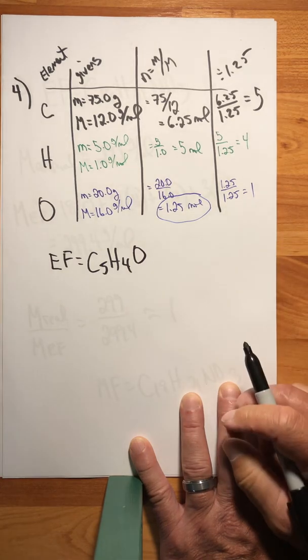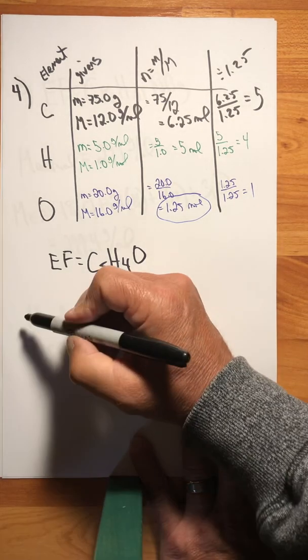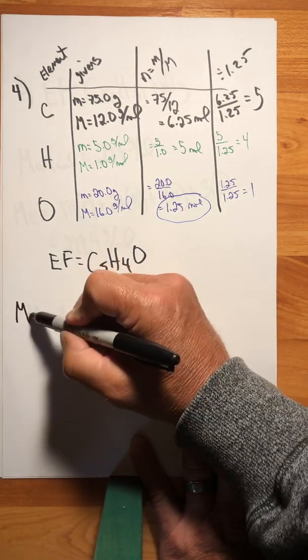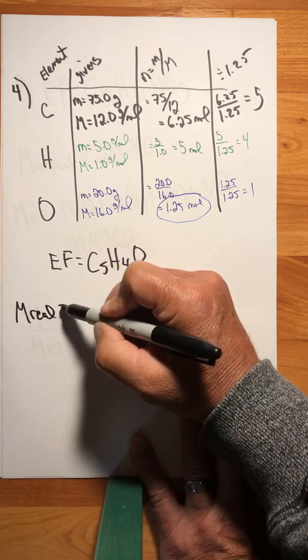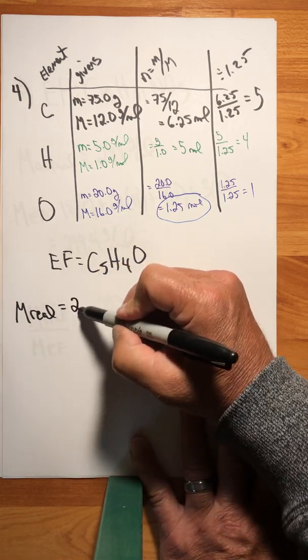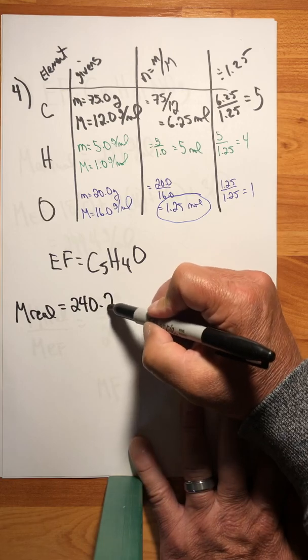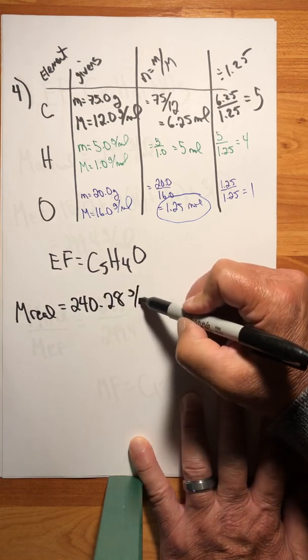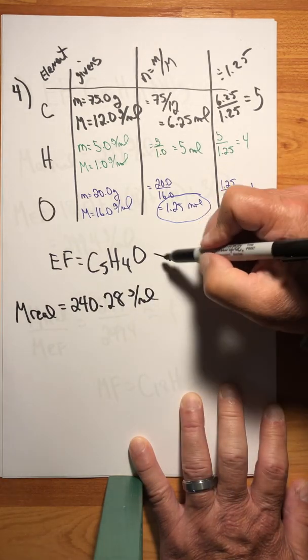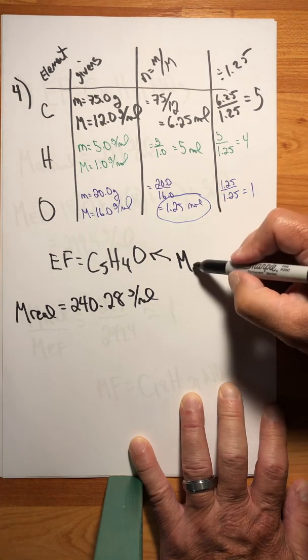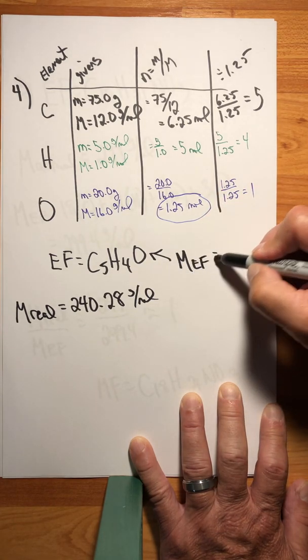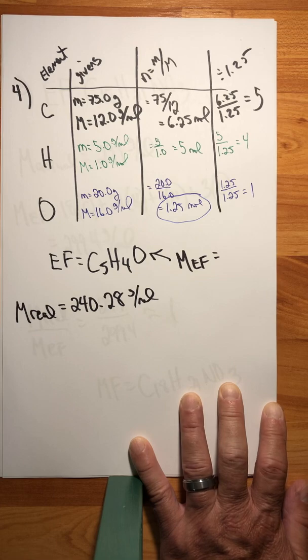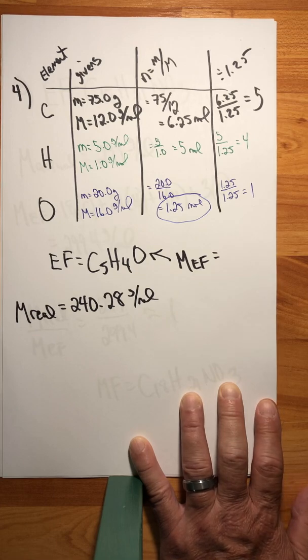All right. Now, the molar mass of the actual compound is given to you in the question, and that was 240.28 grams per mole. I want to find the molar mass of this. So you have 5 carbons, 4 hydrogens, and 1 oxygen.